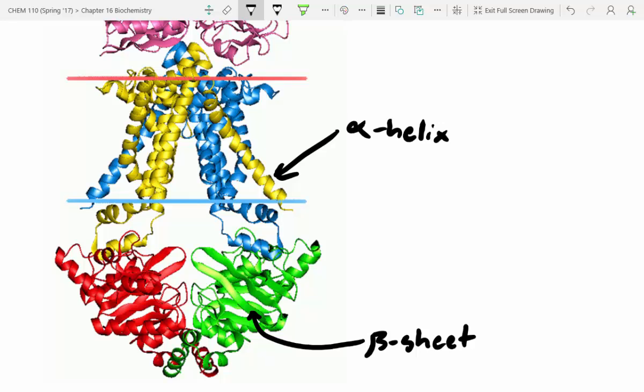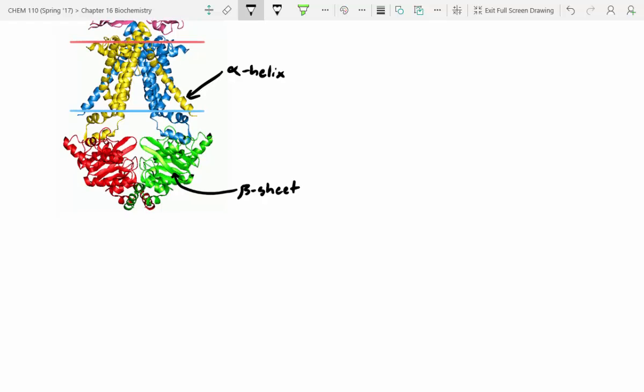All right, there's also tertiary structures as well. So let's describe that really quick. I'm going to zoom out. The tertiary structure is basically looking at higher level folding.